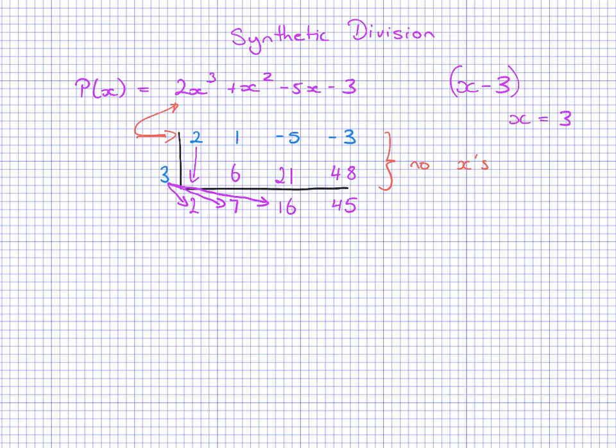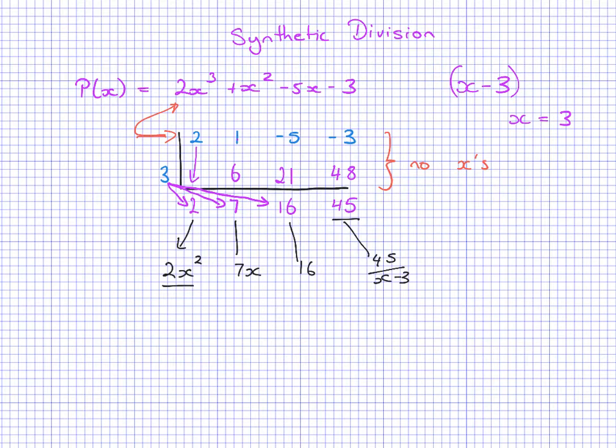If we wanted, what we would then do to write the answer is to just imagine that we've substituted these back into the polynomial, which is 1 power less than the initial polynomial. So this one would have 2x squared, this one would be 7x, this would be 16, and this would be the remainder of 45 over x minus 3.